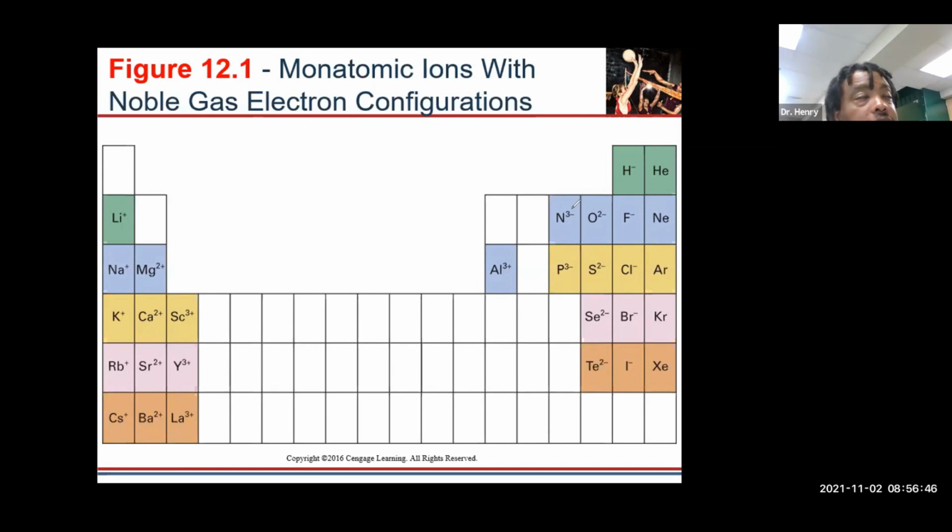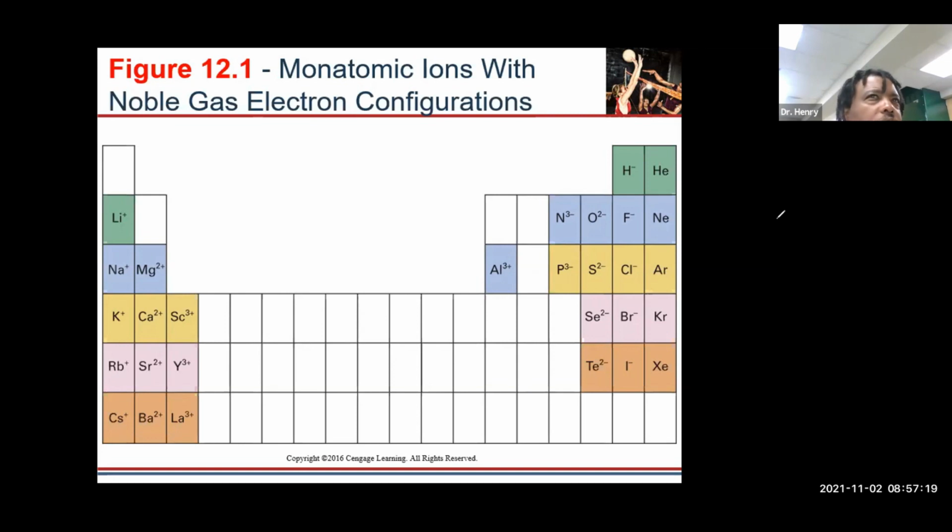Nitrogen, as it gains 3 electrons, it's going to be isoelectronic to neon. Oxygen, as it gains 2 electrons. Fluorine, as it gains 1 electron. Sodium, if it loses 1 electron, it's going to become isoelectronic to neon. Magnesium, as it loses 2 electrons, it becomes isoelectronic to neon. And then aluminum, as it loses 3 electrons, it becomes isoelectronic to neon.